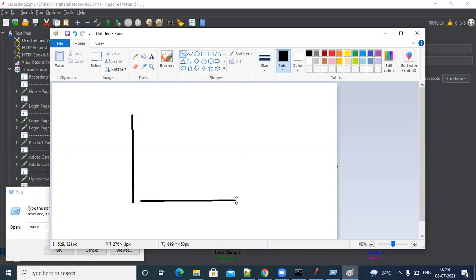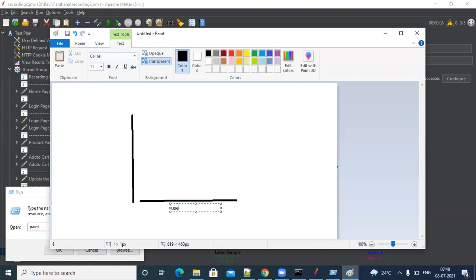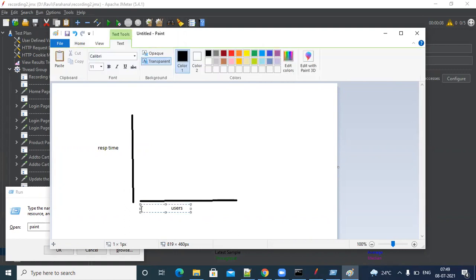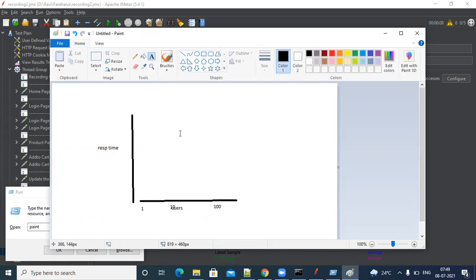Let's take the users here, and let's take the response time. If users are increasing, like 1 user, 10 users, 100 users, can you tell me how the response time graph would be in general? Response time should increase, should decrease, or should be constant?